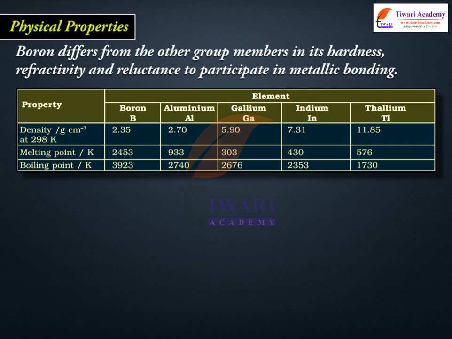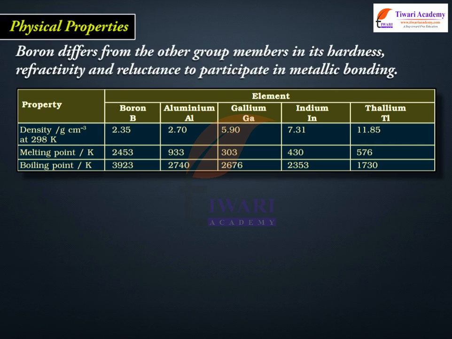Reactivity towards air. All the heavier group 13 elements react with excess oxygen at elevated temperatures to give the trivalent oxide M2O3, although Tl2O3 is unstable. 4M solid plus 3O2 gas give 2M2O3 solid.